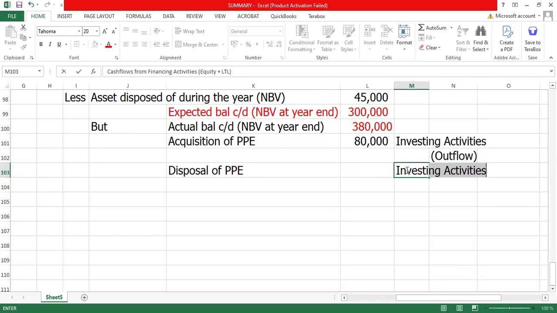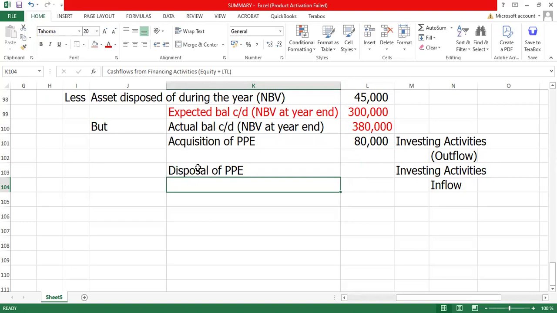Okay, thank you. You're welcome. Any other issue? If the actual is less, then it means that the company sold some assets. And when you sell, you receive, obviously. That is a cash inflow.